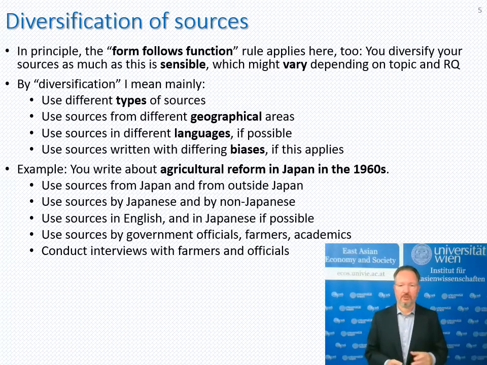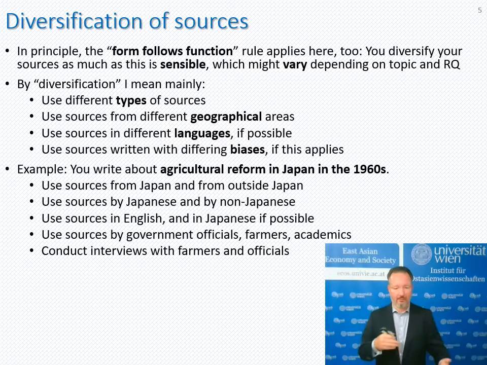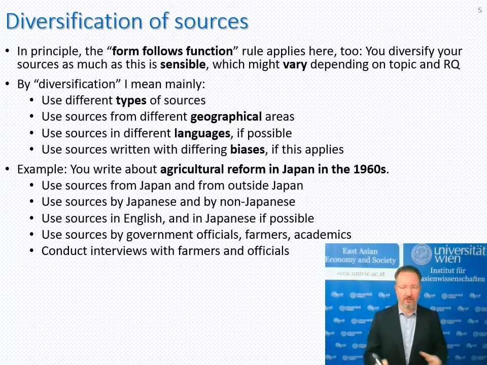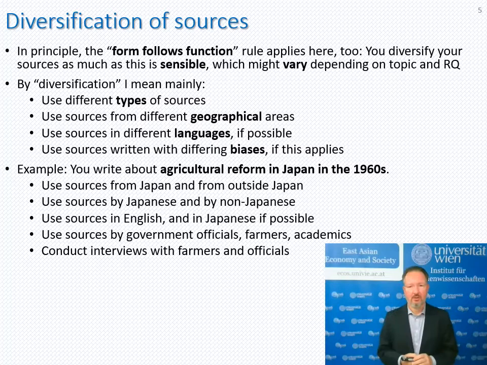Agricultural reform, assuming that an official is the one who comes up with the idea for reform, so it's kind of a sender. Then the farmers are more or less the receiver of the reform. I don't want to say victim, but people who are being reformed, right? So those are two obviously opposing positions, and you should clearly consider both of them. And academics in this example, assuming being kind of a neutral observer.